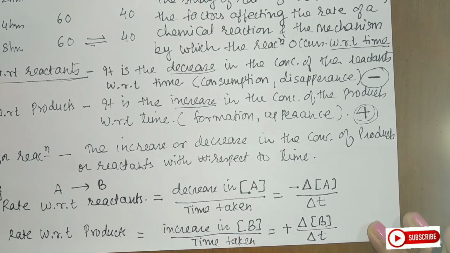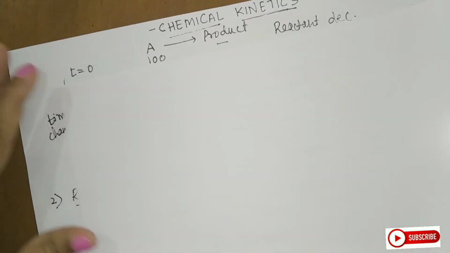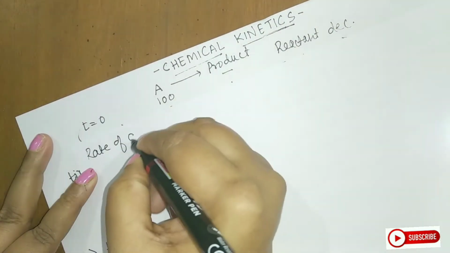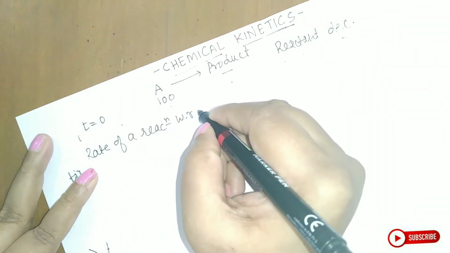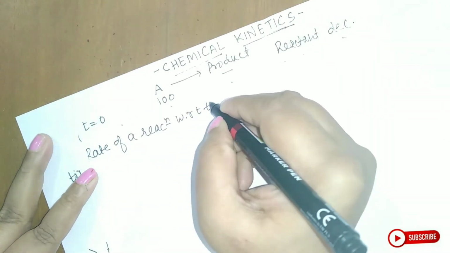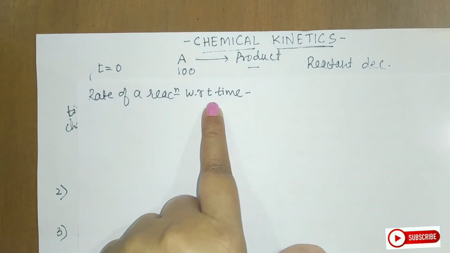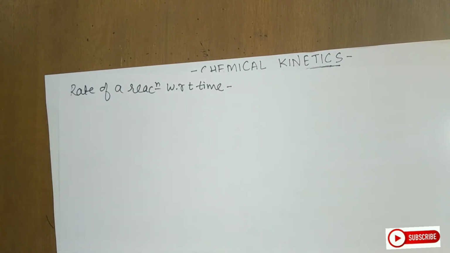Now students, if I want to write this in general for the reaction, then how I will write is rate of a reaction with respect to time. Now here I am not using the word reactant or product. So I have to write for the complete reaction.